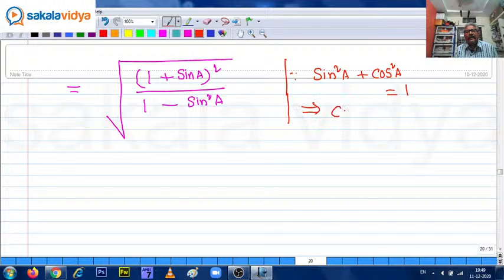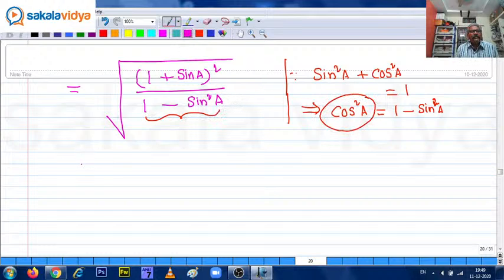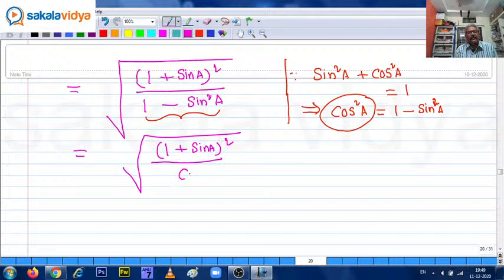So cos square A equals 1 minus sin square A. That means here instead of 1 minus sin square A, you can replace cos square A. So this can be written root over 1 plus sin A whole square. Don't expand it. Instead of this we write cos square A. By taking square root, you get 1 plus sin A upon cos A.